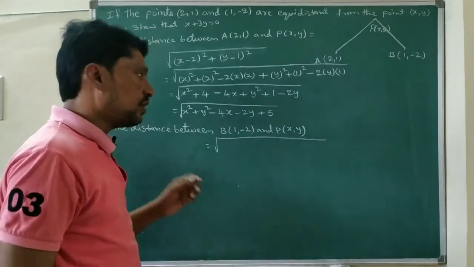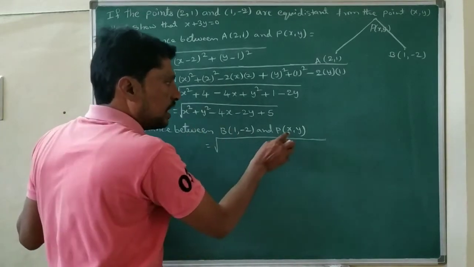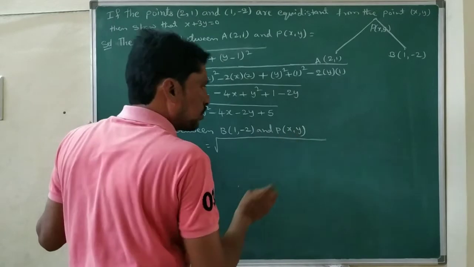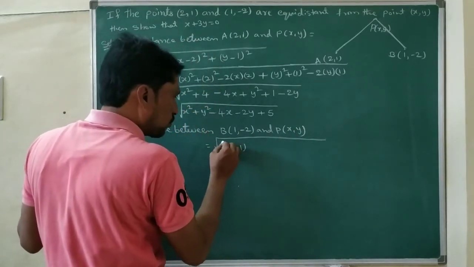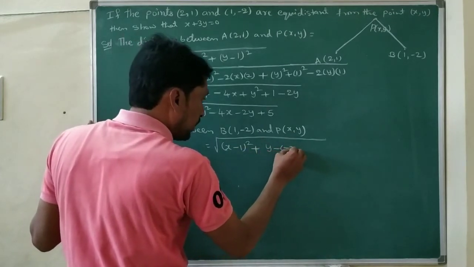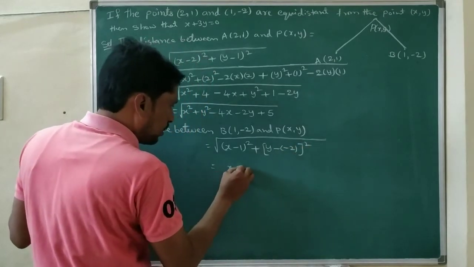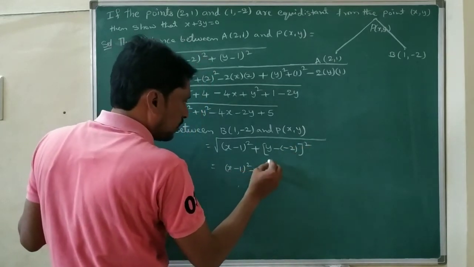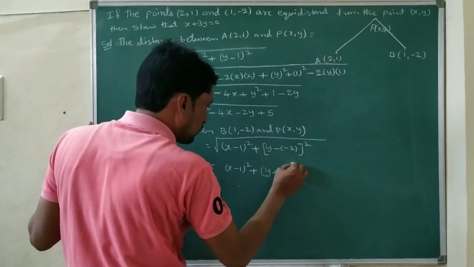Here 1 is x1, minus 2 is y1, x2 means x, and y2 means y. So now we take (x minus 1) whole square plus (y minus of minus 2) whole square, which equals (x minus 1) whole square plus (y plus 2) whole square.